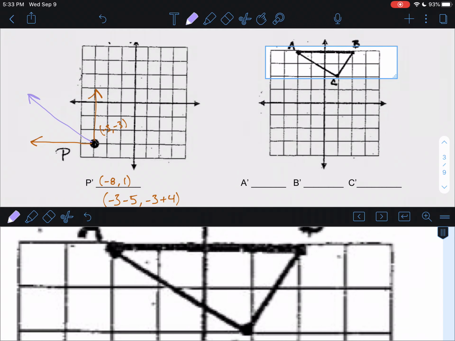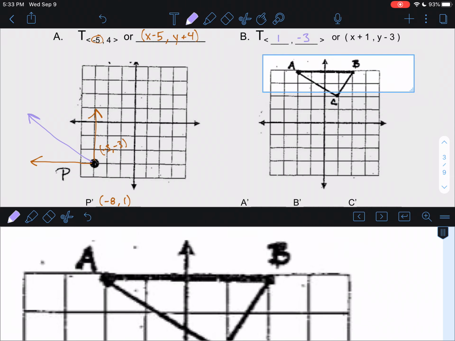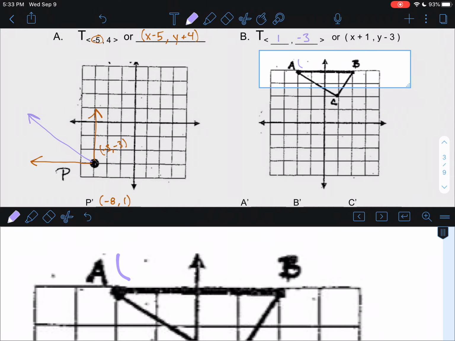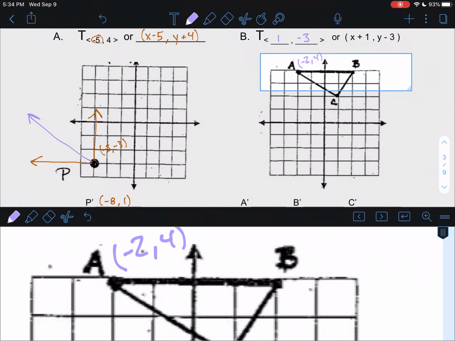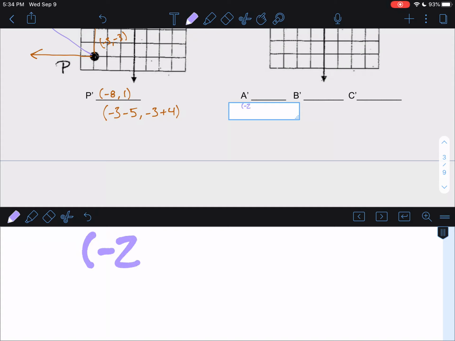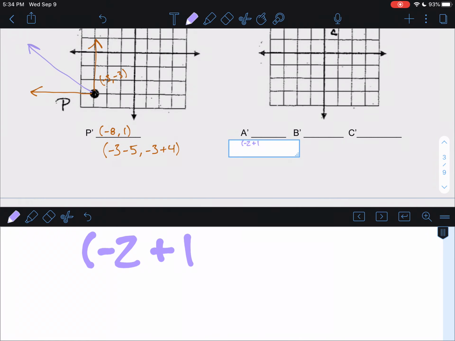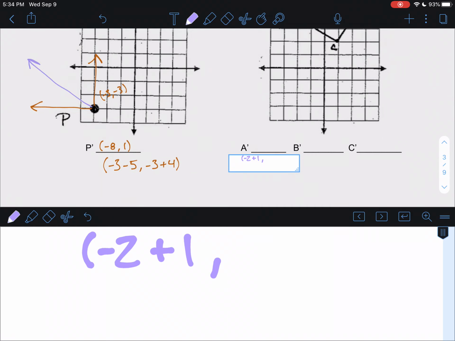With the A, it starts at, what is this point? This is -2, 4. And if I plug it in, so I'll come over here, let's see. The x was +1, and the y was -3.